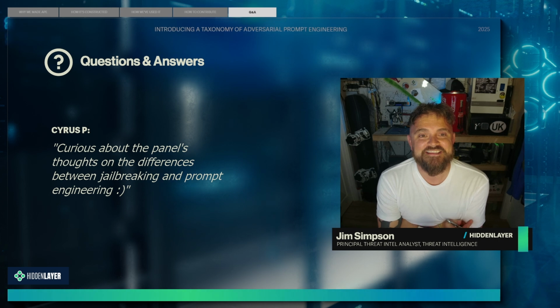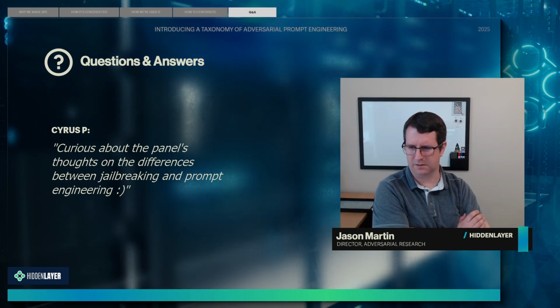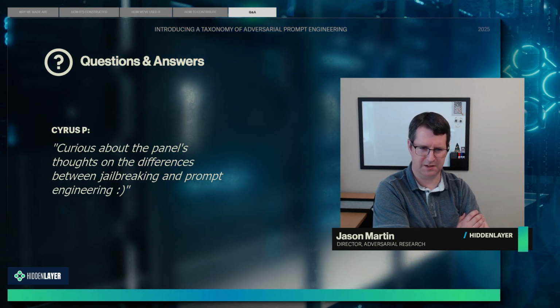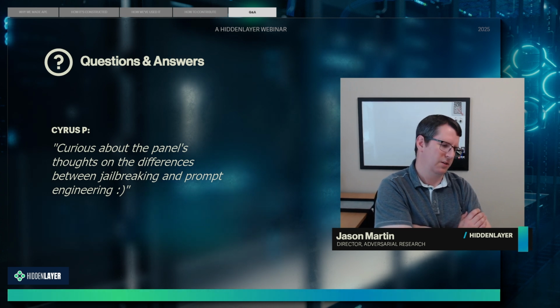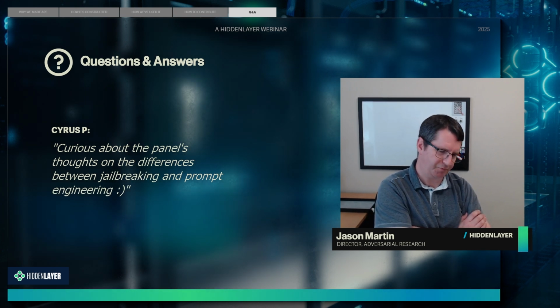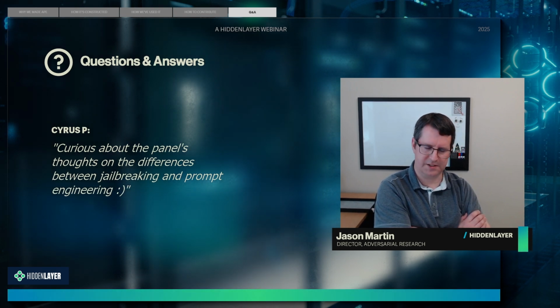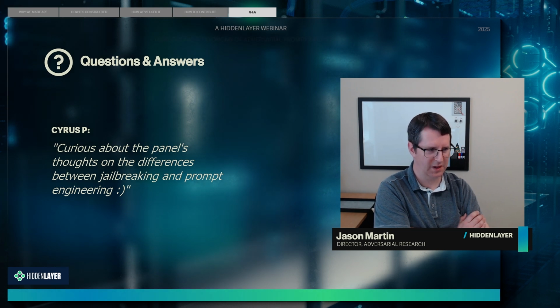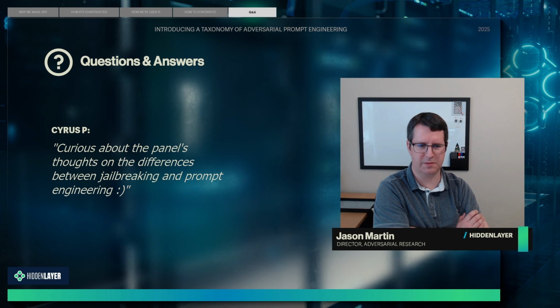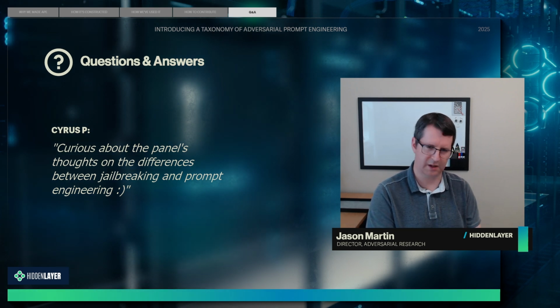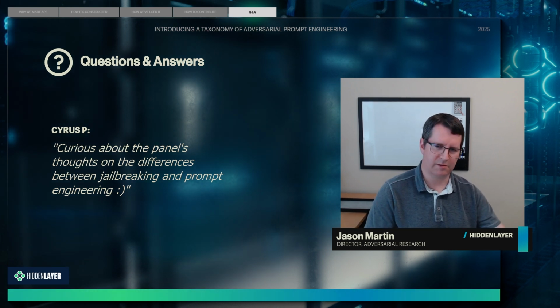I'm going to interpret this two different ways. I'm not sure if the questioner meant prompt engineering itself or if they meant prompt injection, the technique. It's a little unclear, so I'll talk about them both. But if you think about the term jailbreak for a second, first of all, I really don't like it, and I know that's a controversial position, but to me, jailbreaking means getting into my iPhone in a way I'm not supposed to.